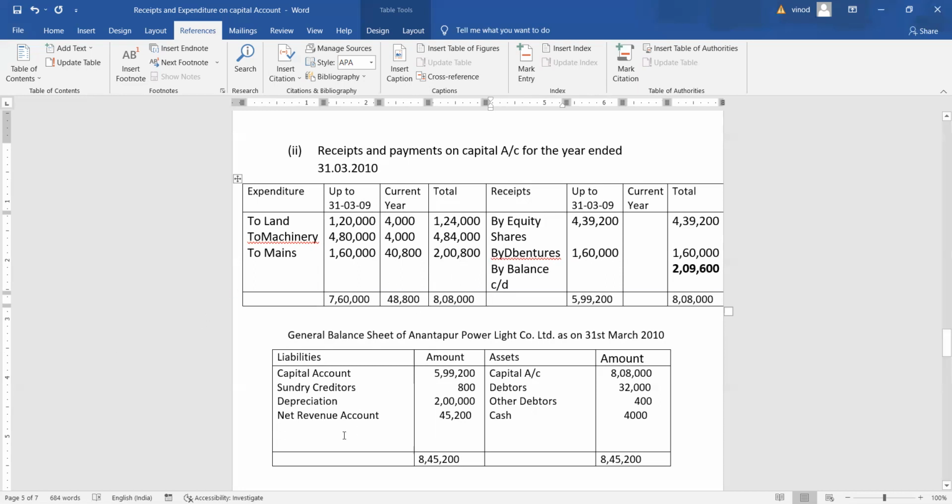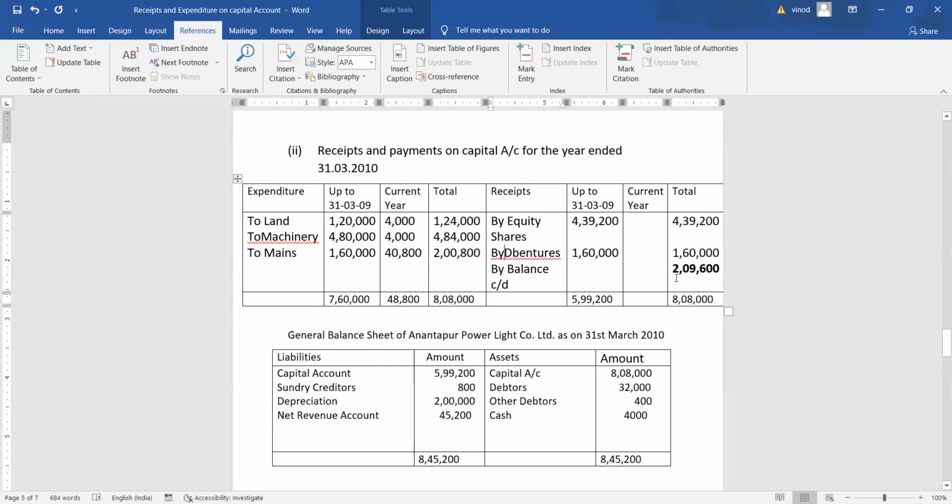By adding these two separately, on both sides. Sorry, debit side 8,08,000. Credit side, you bring this amount to this side, 8,08,000.